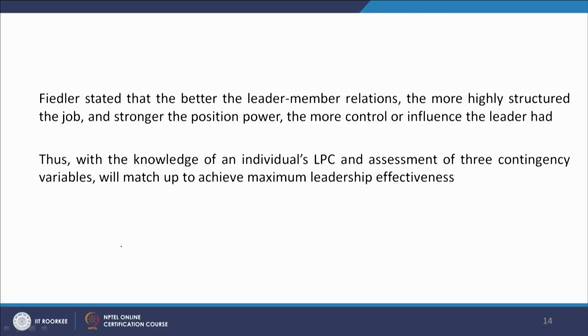So, it is stated by Fiedler that the better the leader member relations, the more the tasks are highly structured and the stronger the position power, the more control or influence the leader has. That means if leader member relations are cordial, the tasks are structured and people accept the position, power and status of the leader, the more effective the leadership becomes.